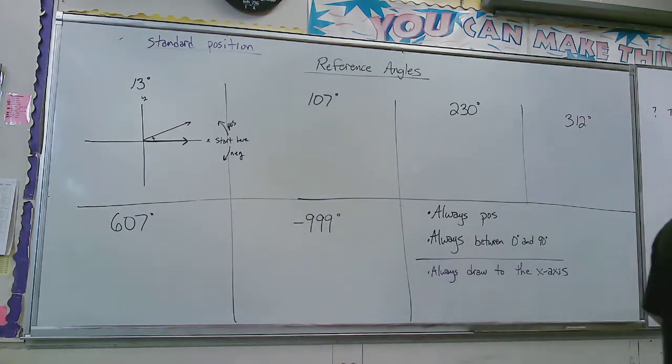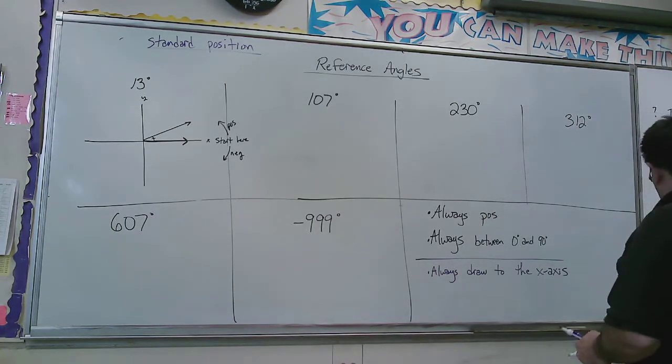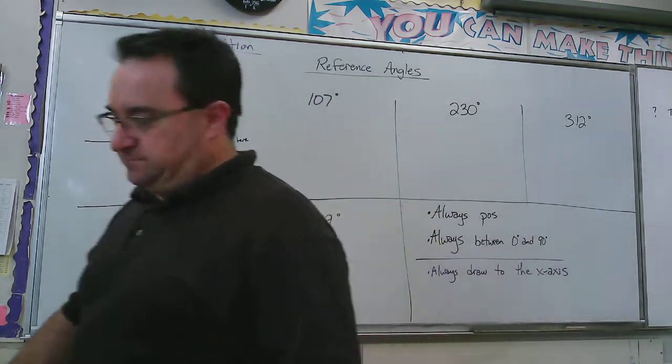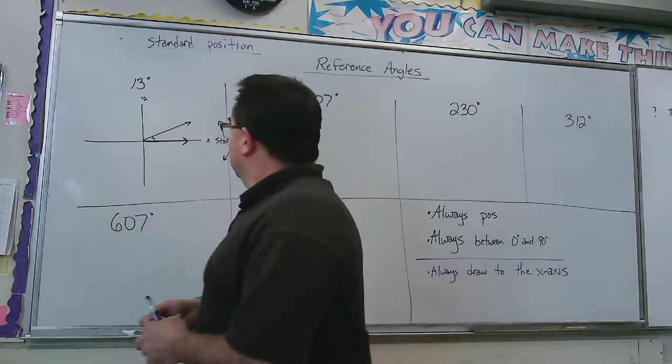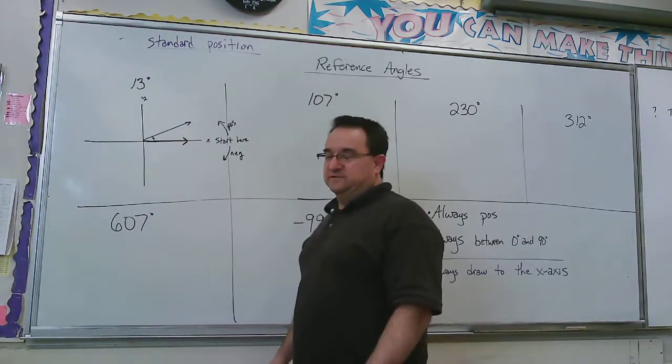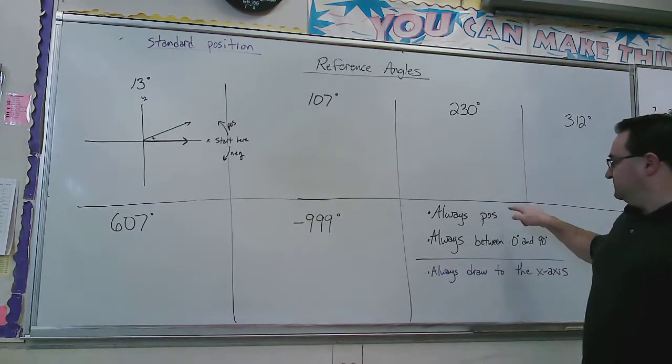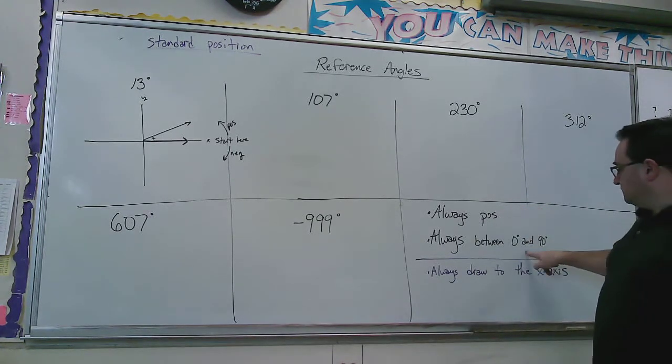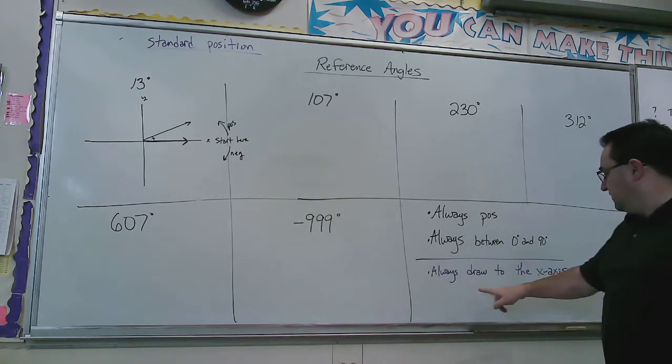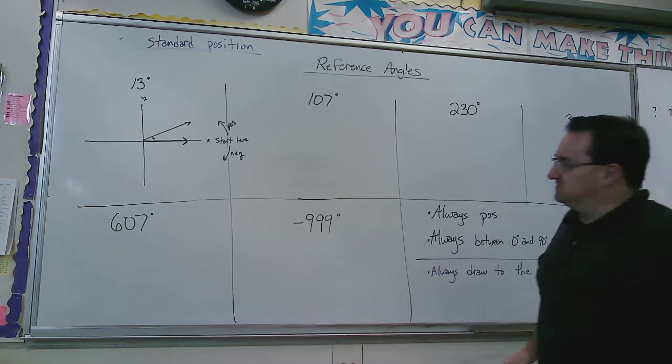I'm going to use blue. Here's blue. Blue is a picture of the reference angle. So a reference angle is always positive. It's always between 0 and 90, and you always draw down to the x-axis.